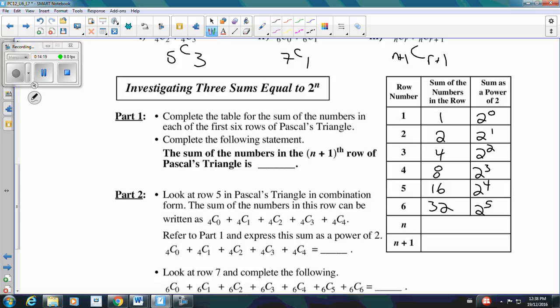So following this pattern, in the nth row it would be 2 to the n minus 1. In the n plus 1 row it would be 2 to the n. So the sum of the numbers in the rows is 2 to the n.